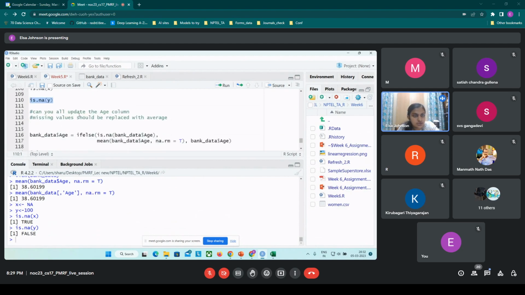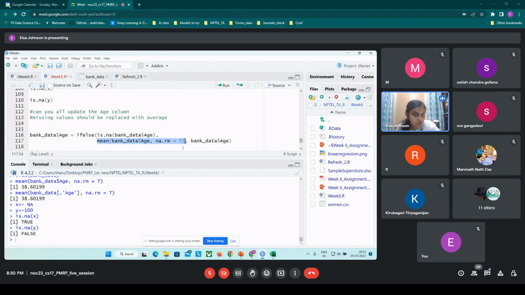Then we will see how to update the age column, where missing values should be replaced with the average. There are some methods which you can do statistically. If you have NA values in some places, you can replace them with the average of that particular column. First you see if there are any NA values. So ifelse is.na in the age column, you fill it with the mean, na.rm equal to true.